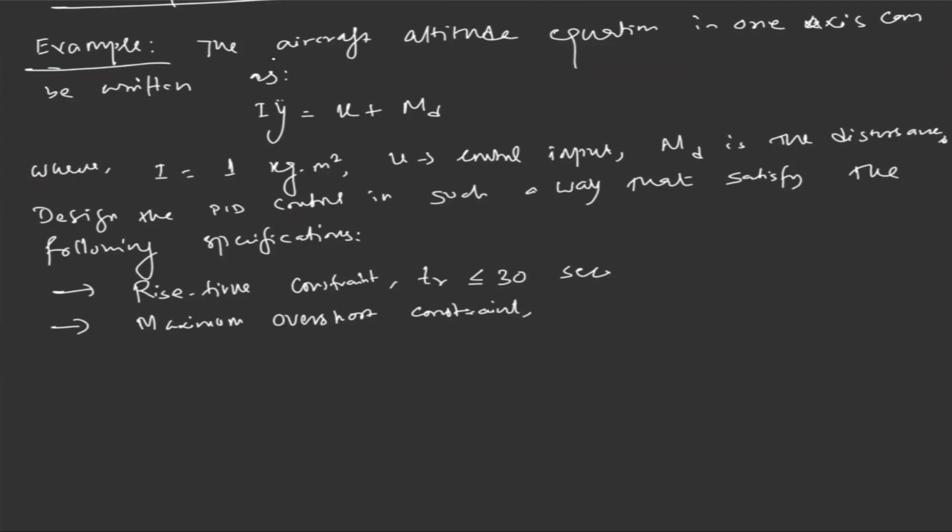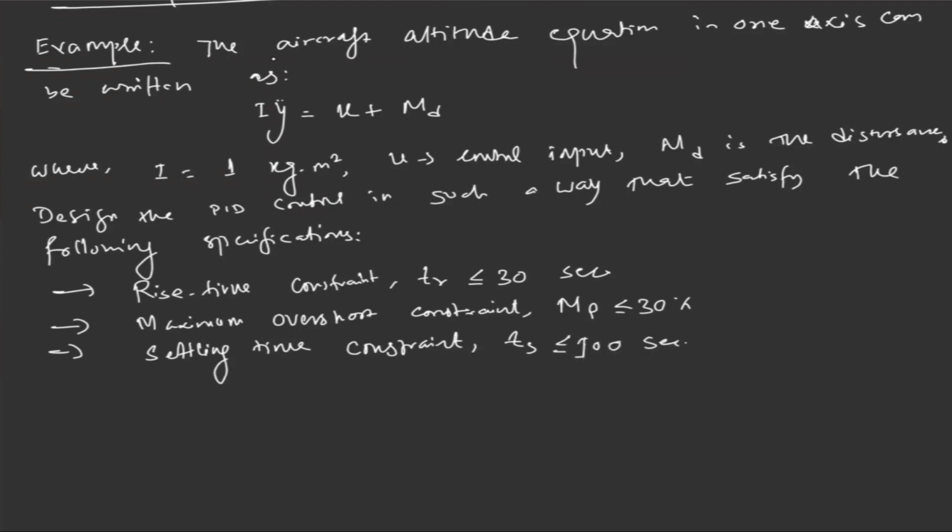assumed to be less than 30%, and settling time constraint TS should be less than 100 seconds. So the system should go to steady state value within 100 seconds.